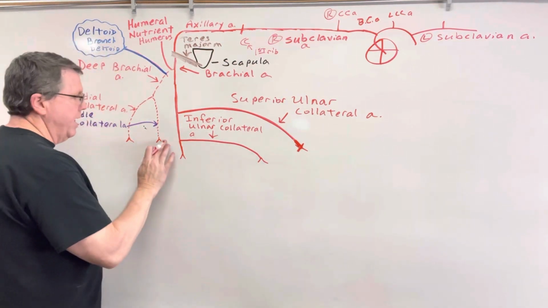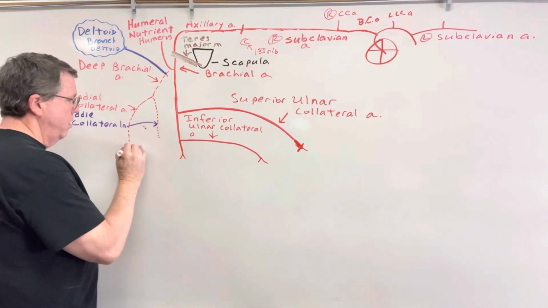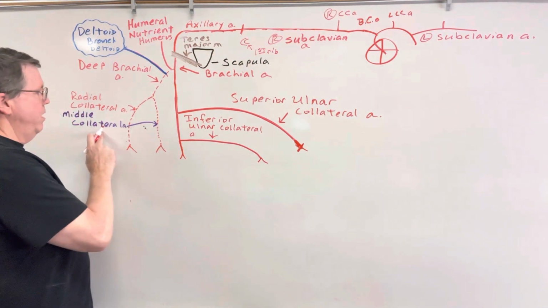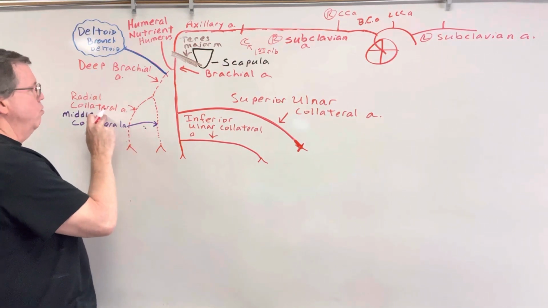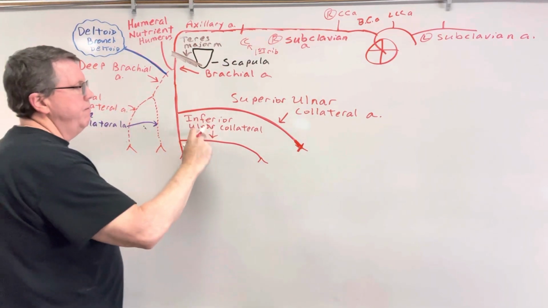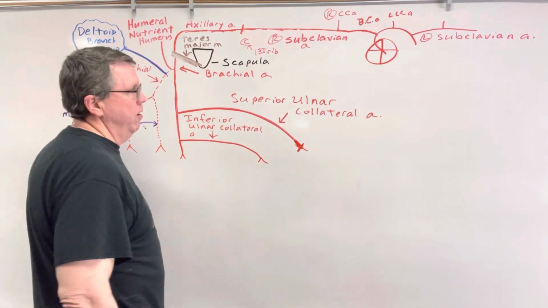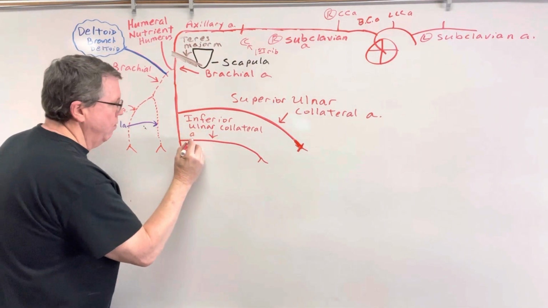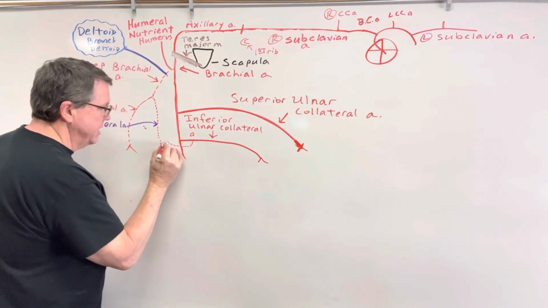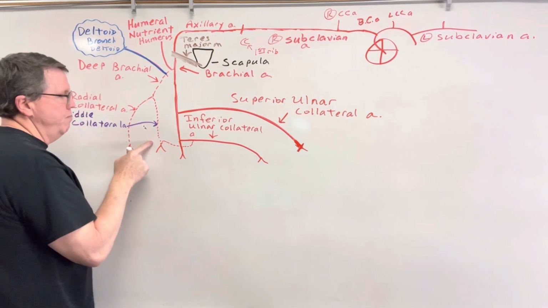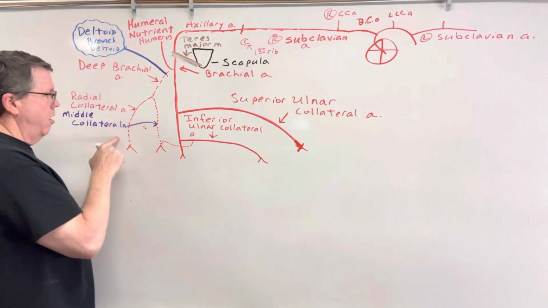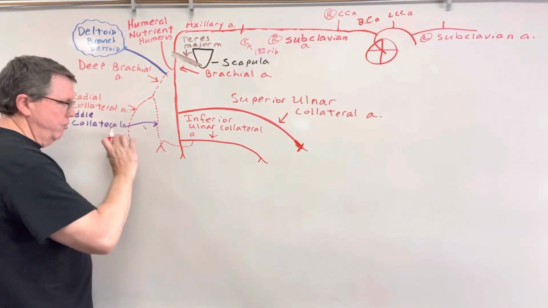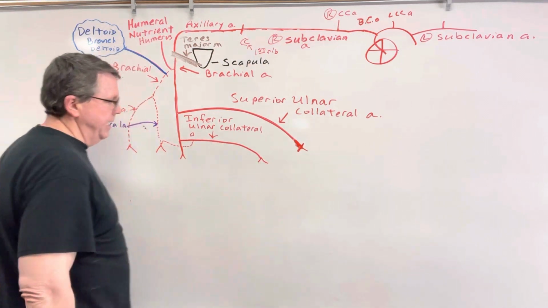So now I've got my two arteries over here, on the lateral portion, right? I got my middle collateral, and I have my radial collateral, and then I have my inferior ulnar collateral, and I have my superior ulnar collateral. Now, coming off this inferior ulnar collateral, I'm going to have a branch that's going to come over, and it's going to join this middle collateral artery. This right here is where my elbow is. This is the elbow that's going to be right here, and we're going to see that in just a minute.